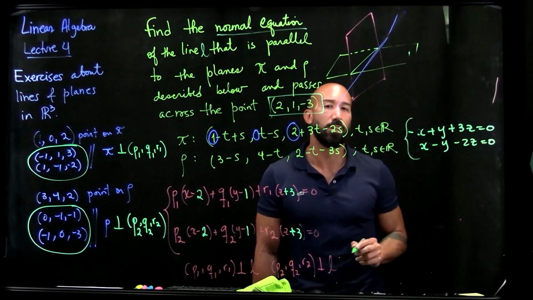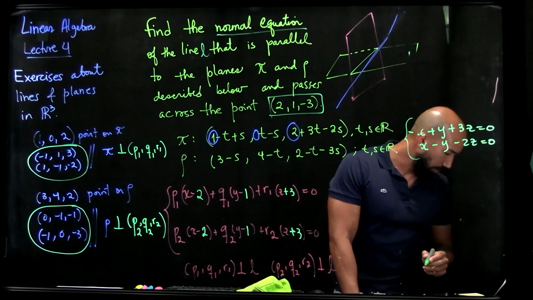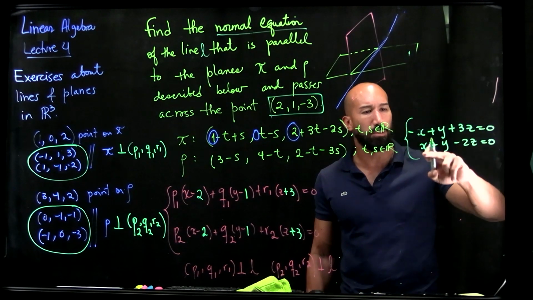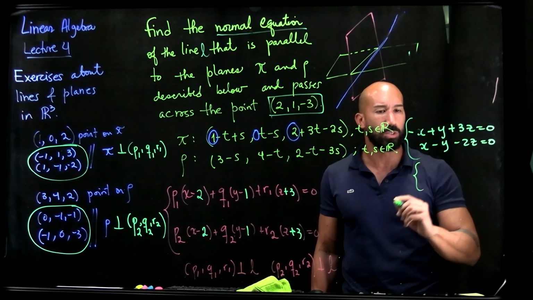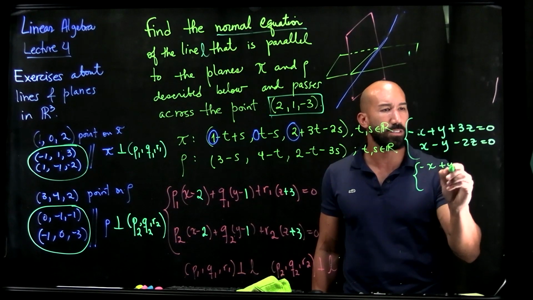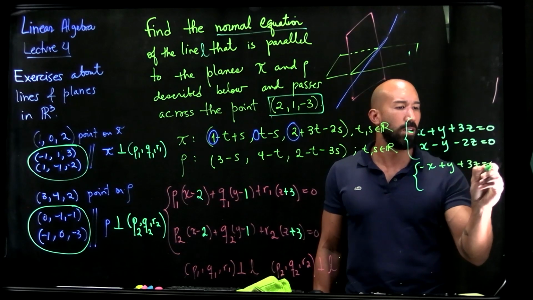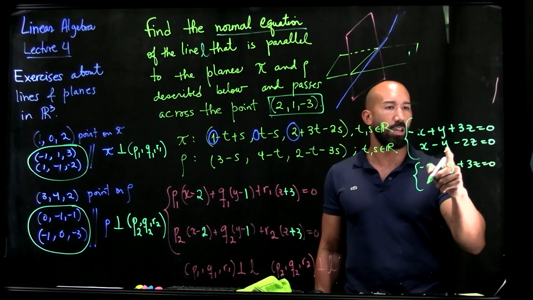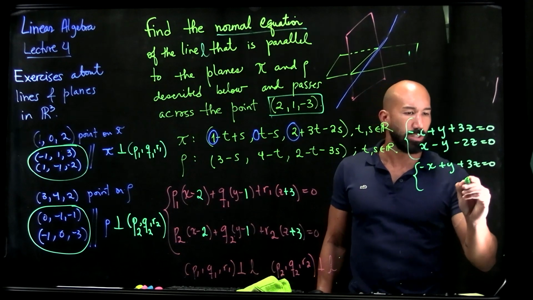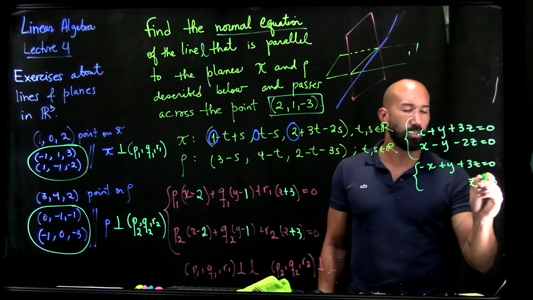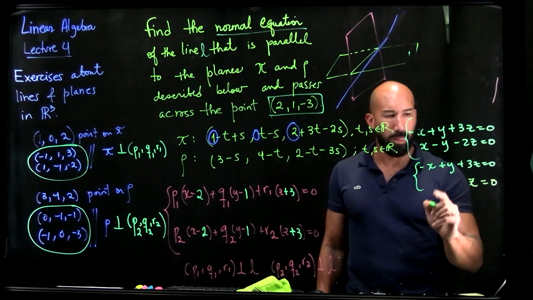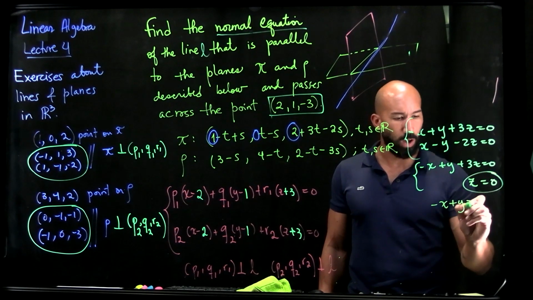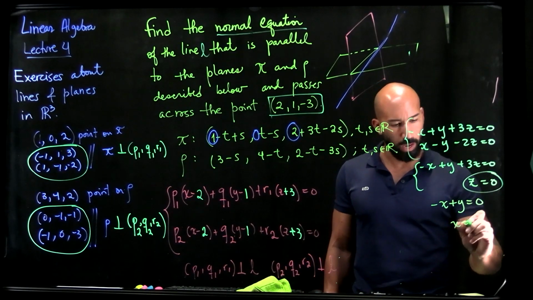Give me all those vectors. Well, this is a beautiful system. If I add the first equation to the second, so I'm going to keep the first, and the second becomes 0x plus 0y, just 1z equals 0. If z is 0, we get that minus x plus y is equal to 0, so x is equal to y.